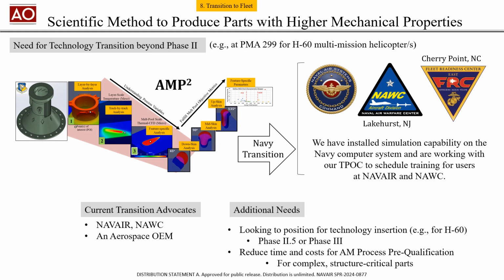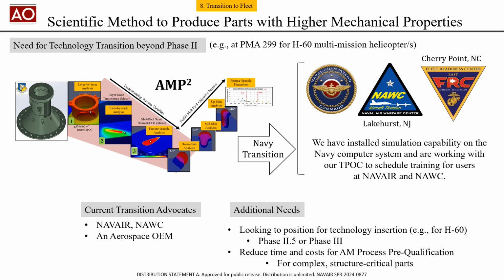The technology is a scientific method to produce parts with higher mechanical properties. There is a need to produce such parts much beyond the Phase 2, for example, by PMA 299 for the H-60 multi-mission helicopter. We have implemented AMP squared on the Navy computer systems and are working with our TPOC to schedule training for users at NAV Air and the Naval Air Warfare Center, who are our current transition advocates, along with an aerospace OEM.